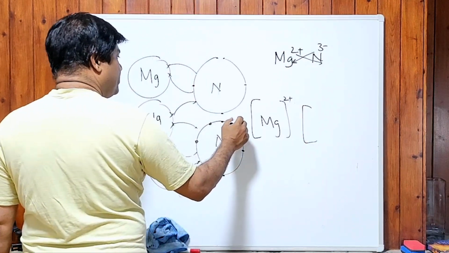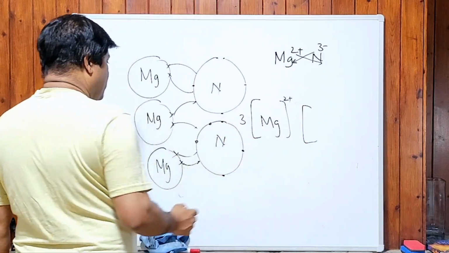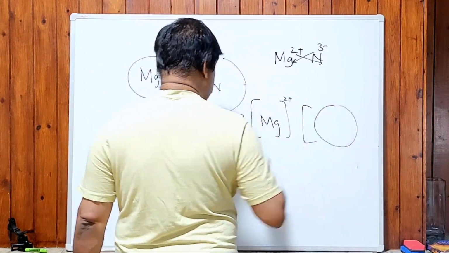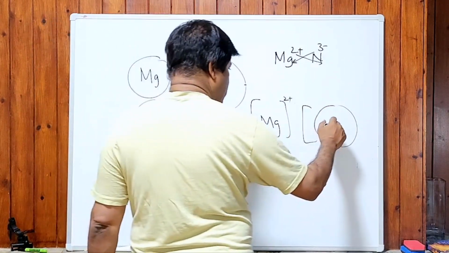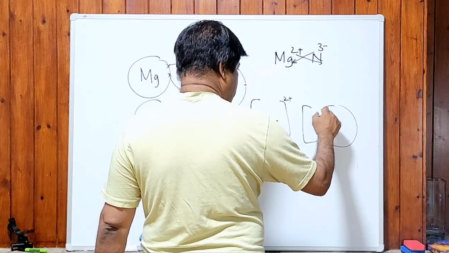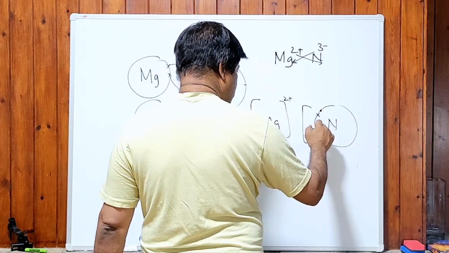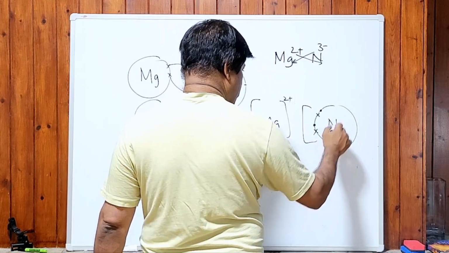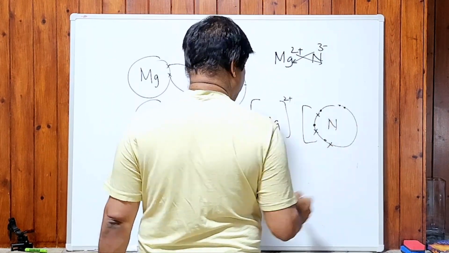Nitrogen, how many nitrogen do we have? We have 3 magnesium and 2 nitrogen. Nitrogen has 5 electrons in the outer shell; it gains 3 electrons.